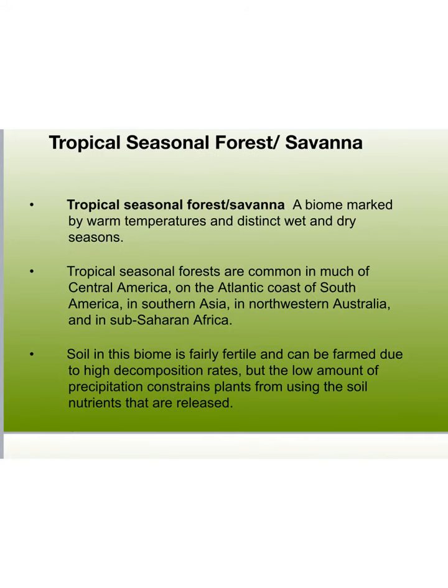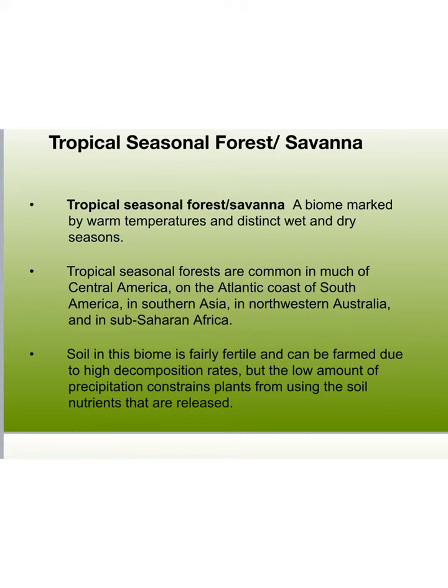So you can tell the difference between the forest, the seasonal forest, and the savanna, because these are more marked by temperatures and they have a very distinct wet, dry season. So the tropical seasonal forests are common in Central America and sub-Saharan Africa. And the soil in this biome is fairly fertile, and it can be farmed.